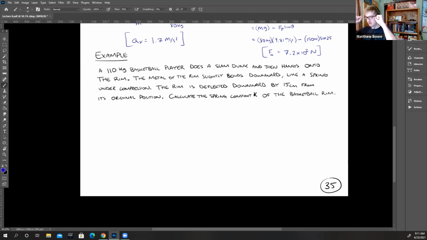So he's just hanging there for a moment. The metal of the rim is slightly bending downward, like a spring under compression. The rim is deflected downward by 15 centimeters from its original position. Calculate the spring constant K of the basketball rim. Okay, so starting out, again, I like to draw a picture.